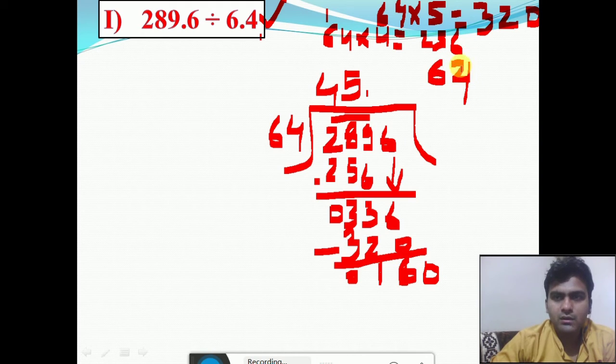64 into 2 equals: 2 4s are 8, then 2 6s are 12, so 128.